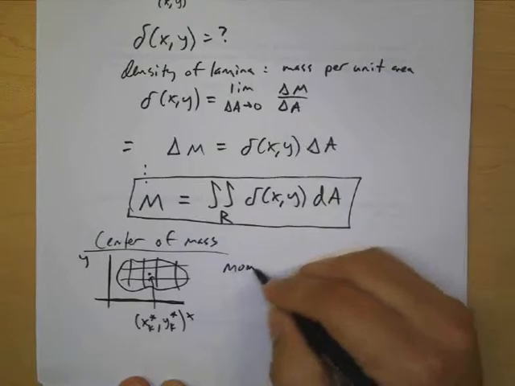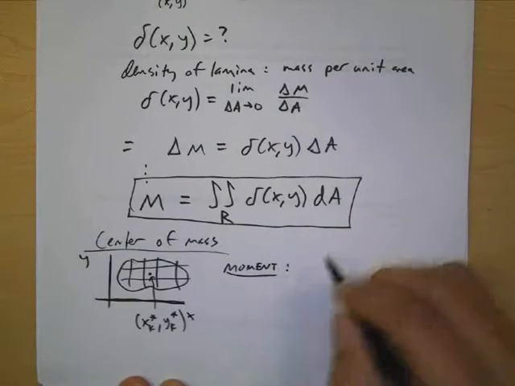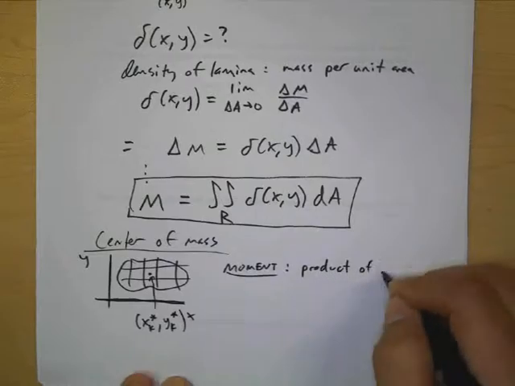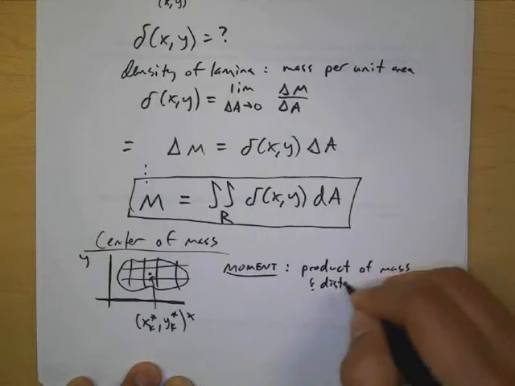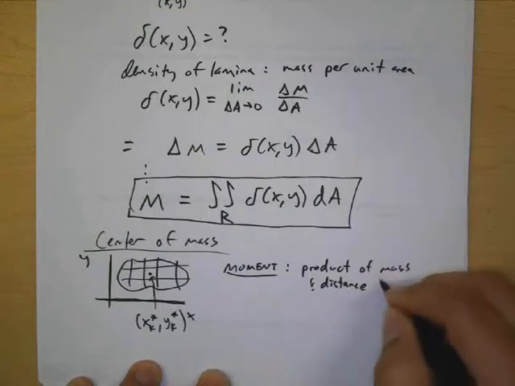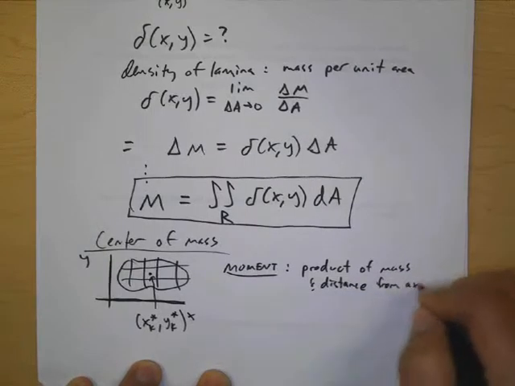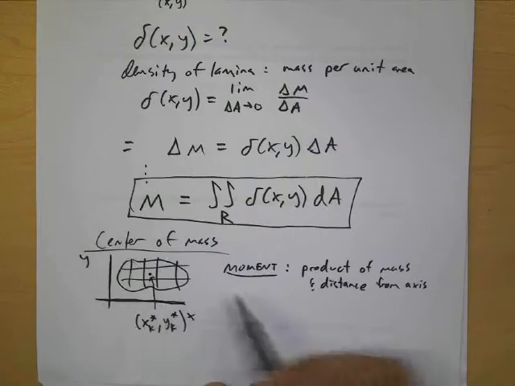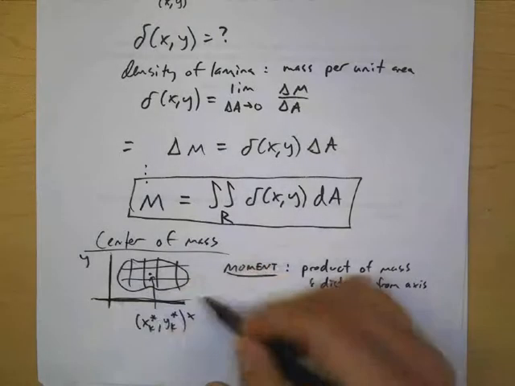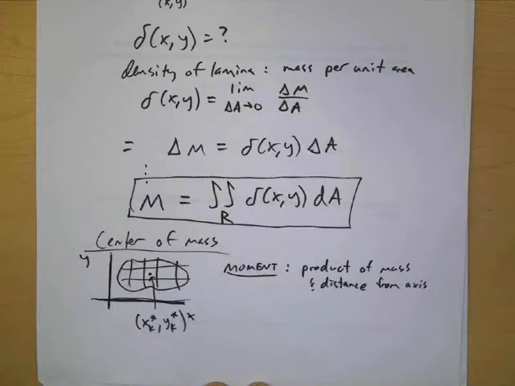A moment is just the product of mass and distance from an axis. What might be the axis of rotation. Now, it can be any given axis, and for us, we're going to use the x-axis and the y-axis.